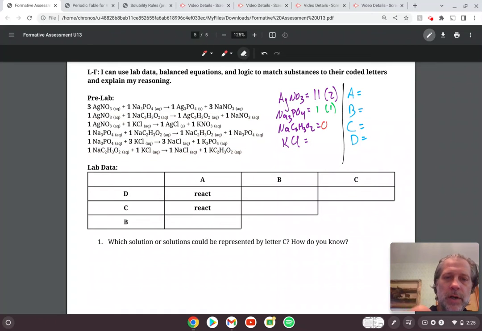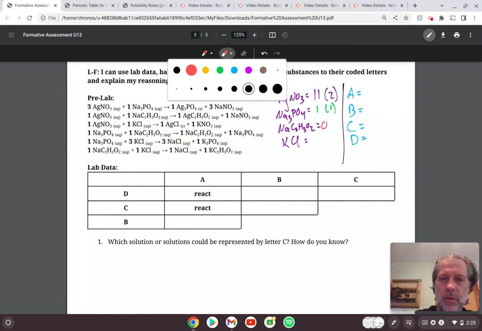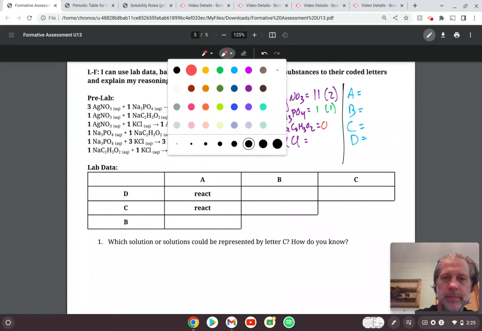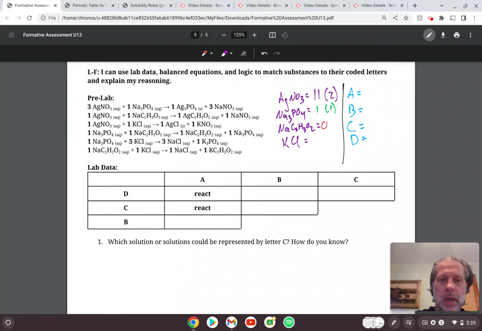Lastly, we're going to work our way through KCl. KCl didn't start as a reactant, but it did react a few times. Here I have AgNO3 and KCl, and there is a reaction there because it's solid aqueous.